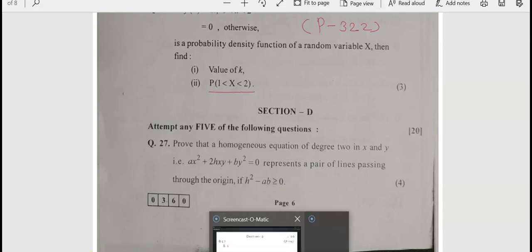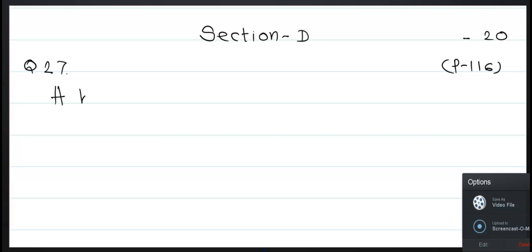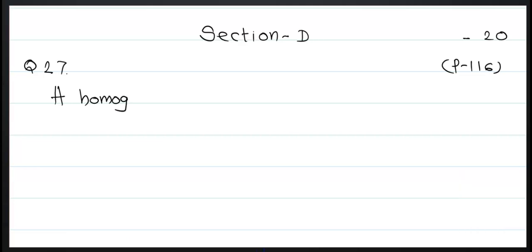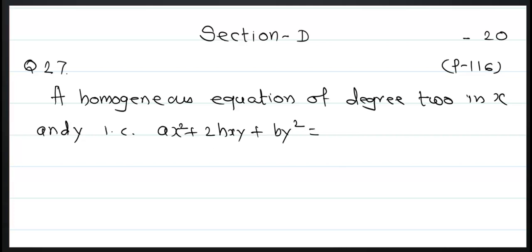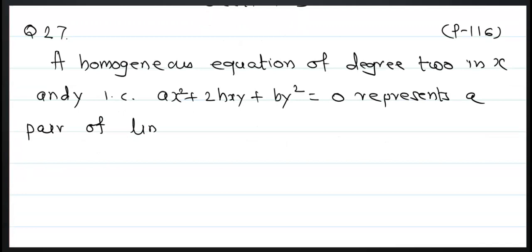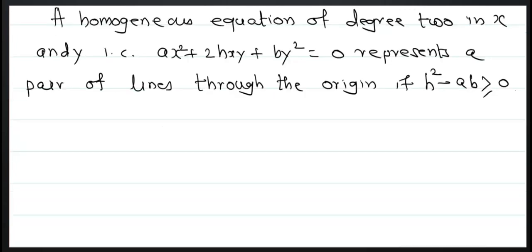Now see this here. A homogeneous equation of degree 2 in x and y, that is ax square plus 2hxy plus by square is equal to 0, represents a pair of lines through the origin if h square minus ab is greater than or equal to 0.